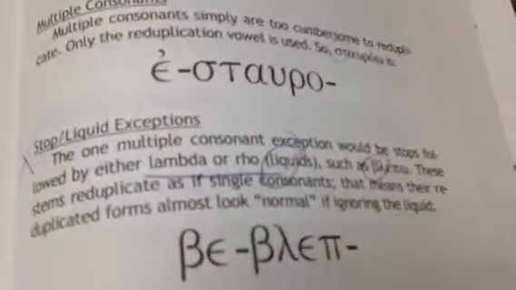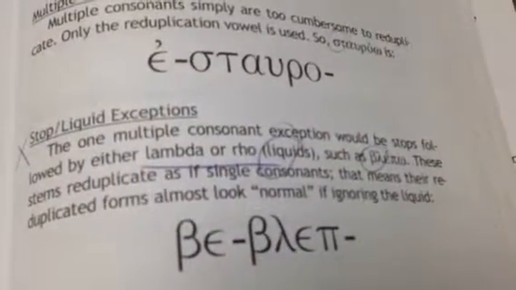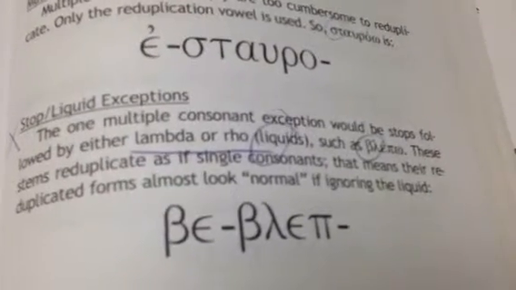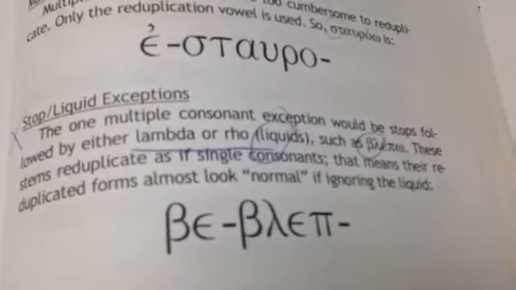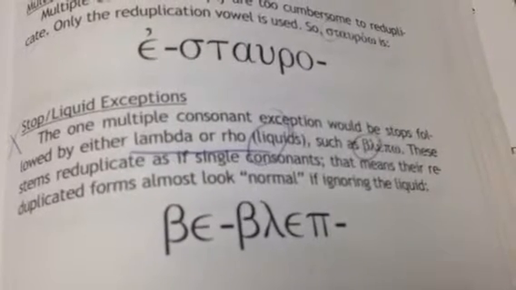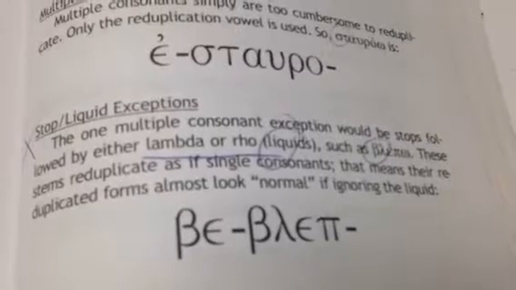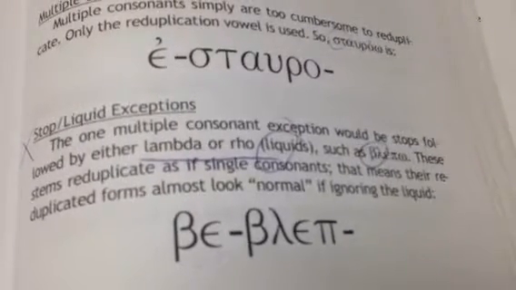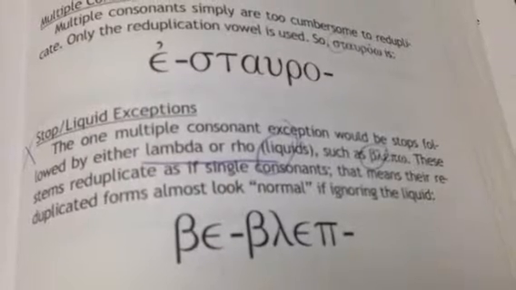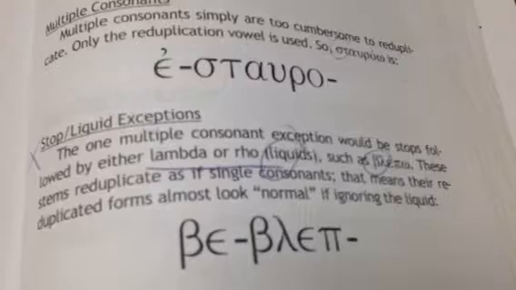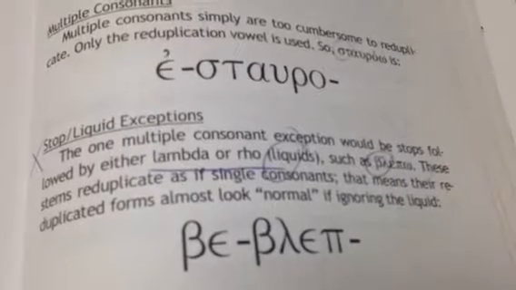Okay. So some exceptions here for the stop interactions and liquid interactions. What if you have multiple consonants here, of which at least one is a liquid, and I think it will always be just one, like blepo from IC. It contains a liquid, the lambda here. Well, in that case, it takes the first consonant here, the beta, and it reduplicates just that one.